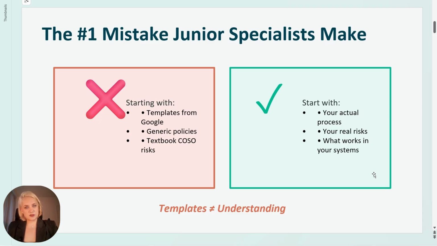What I would start with, I would definitely review the current policies that you have in house. Maybe you're lucky enough to have flow charts and some narratives. Then you go to the business owner who is responsible for this exact stream, for instance the revenue stream.